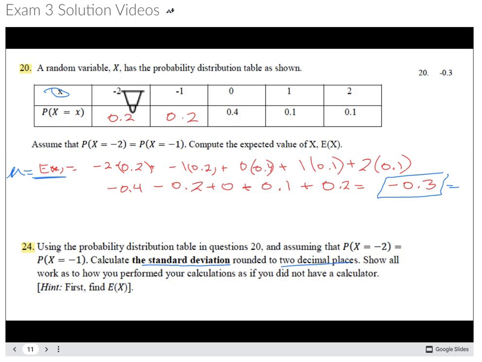We're going to take a -2. We're going to subtract this mean from each of these. I'm going to start over here, give myself some room. I'm going to take -2 and subtract off the mean. And when I subtract off a negative number, remember that's actually going to add to it.